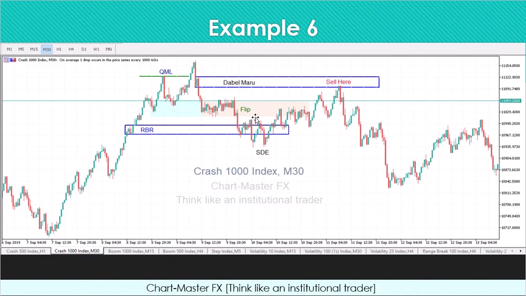And we can also see that on the SDE we had multiple decision points, and even if it's not a qualified DM or a qualified MPL, you would enter the trade only if you see that the price is reacting to that decision point in form of a significant PA.